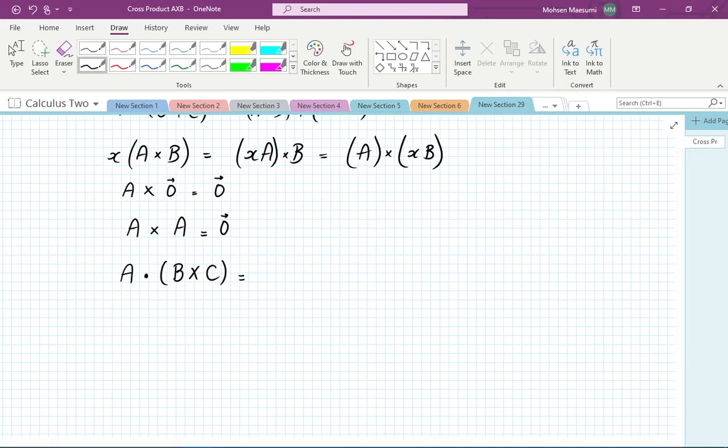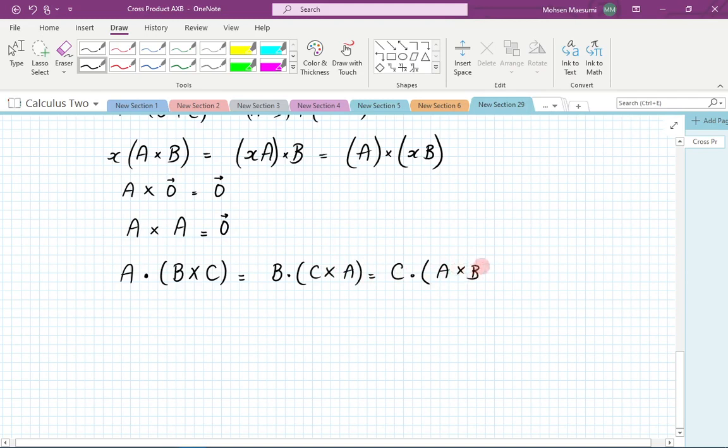So if I have A dotted with B cross C, that is the same as B dotted with C cross A, that is the same as C dotted with A cross B. Notice that these are all in the same rotation.